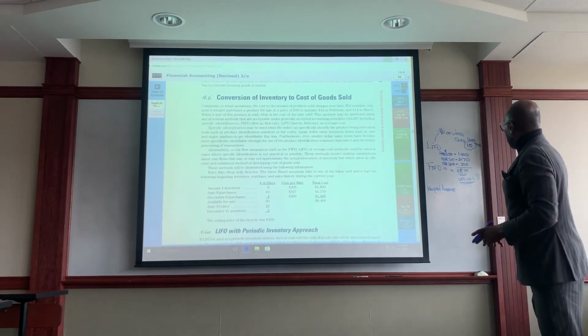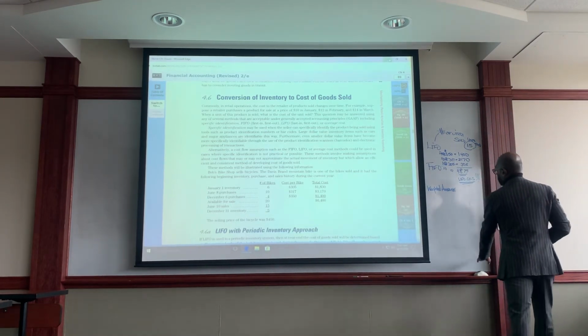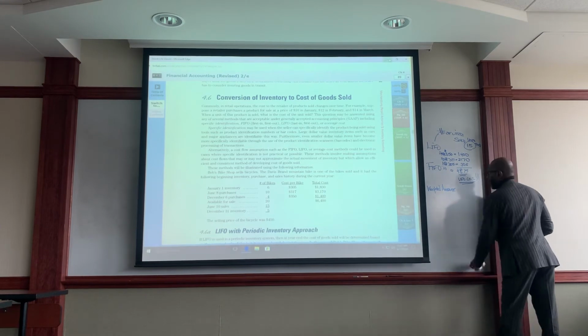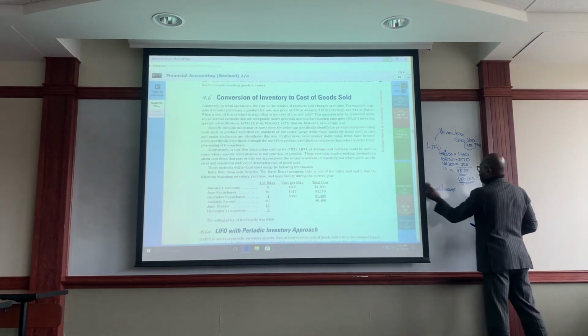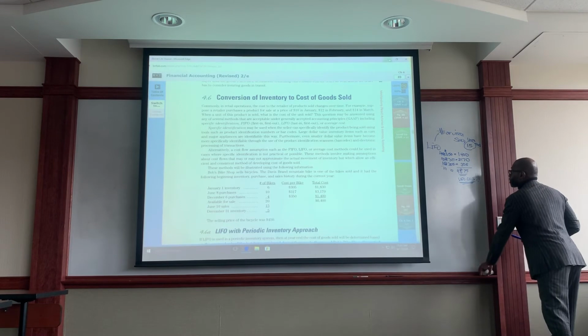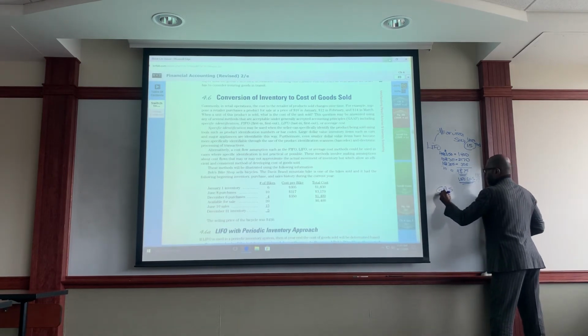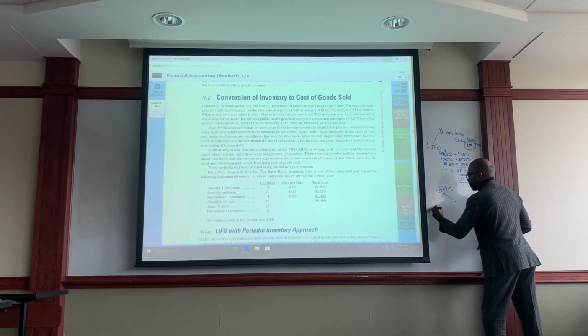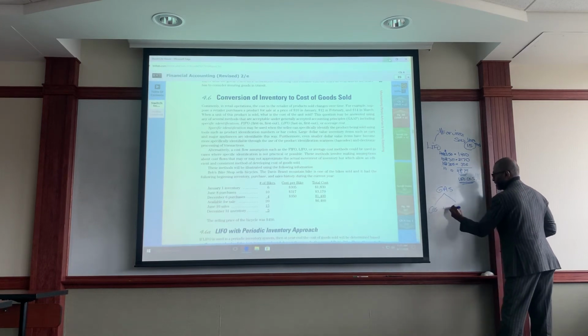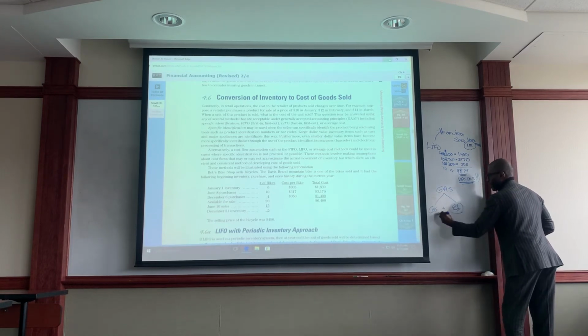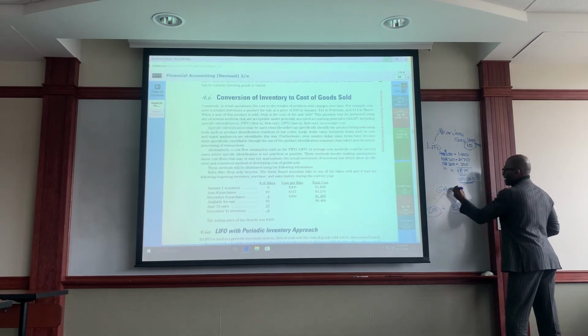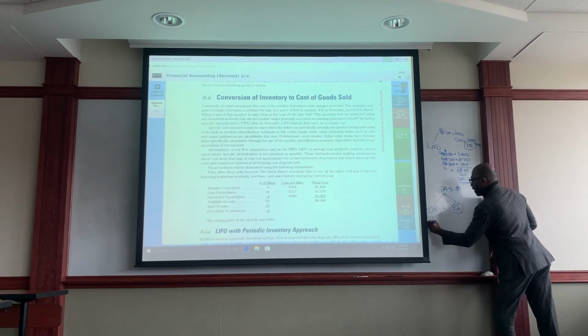The next step we can go into, before I get into FIFO and weighted average, is once we've accounted for LIFO cost of goods sold, remember, goods available for sale is the cost of goods sold and the ending inventory. So if we know what this is in dollars and we know what this is in dollars, we can figure out what this is also in dollars.